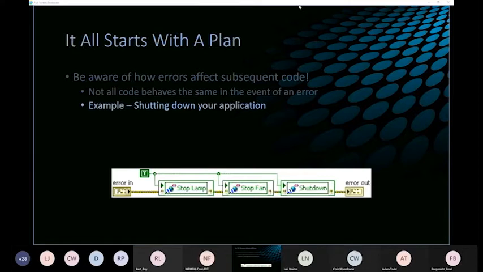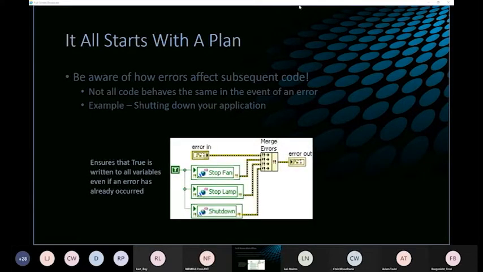So you want to think about that and maybe write your code a different way, perhaps like this, right? We want to ensure that all those stop functions will execute regardless of whether there's an error coming in from the rest of your application.